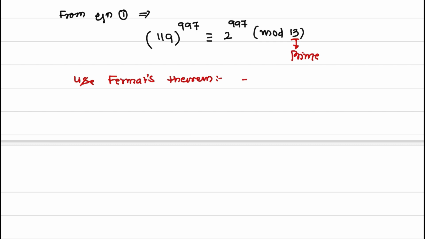Which implies, because 13 is a prime, 2 to the power of 997 mod 13 is equal to 2 to the power of 997 mod 12.